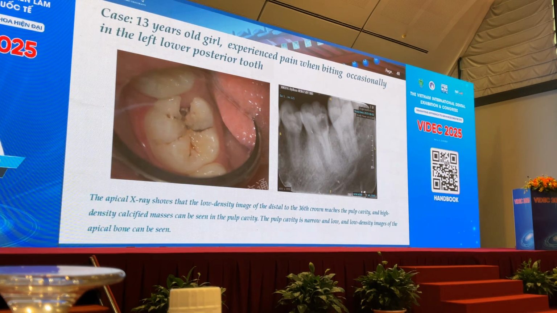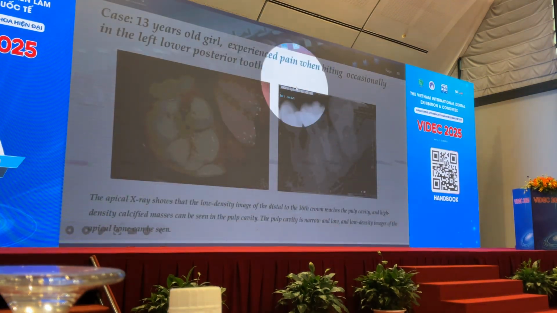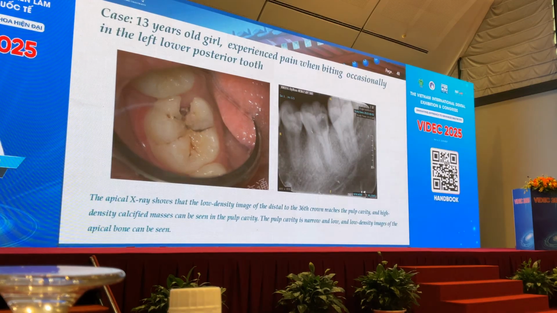This is a 13 years old girl who experienced pain just when biting or chewing. In clinical examination, we found there's extensive decay. Now, as the X-ray shows, the root is fully developed, and the pulp is involved, right? And there is radiolucency at the apex of the mesial root.